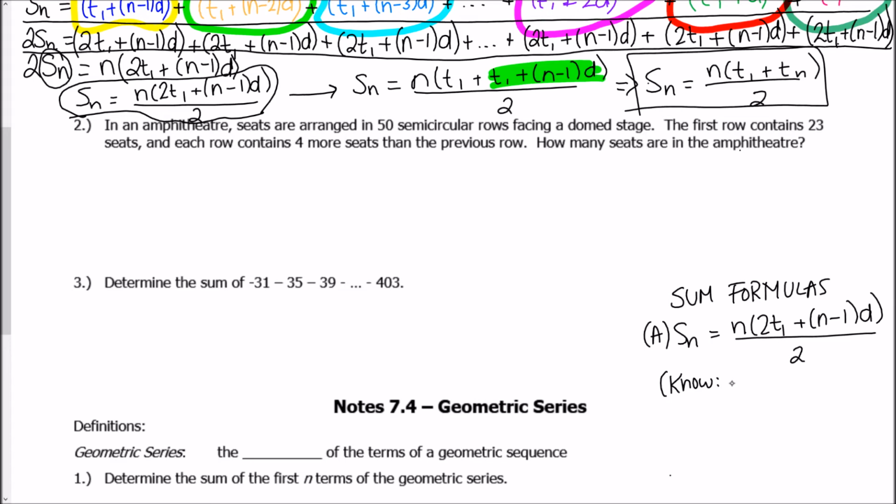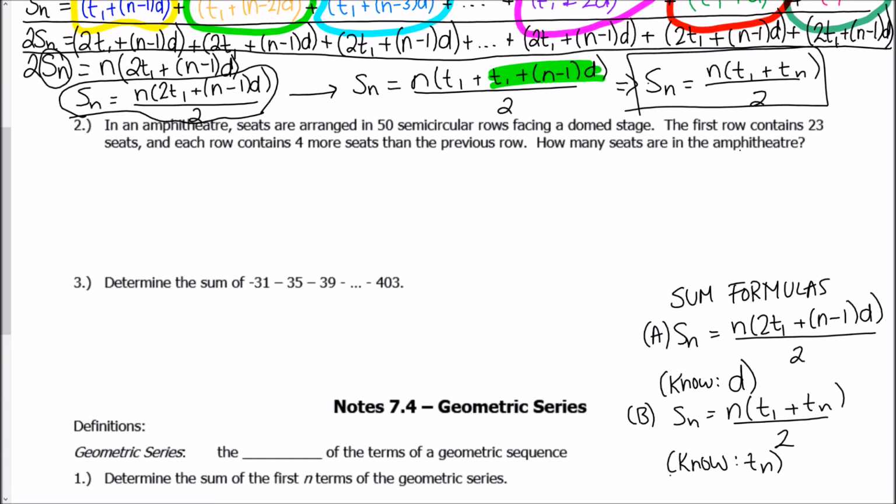We always use this when we know what the common difference is. And the other option is that the sum is equal to n times t sub 1 plus t sub n all over 2. And we use that when we know what t sub n is. Okay? All right, so let's apply this.